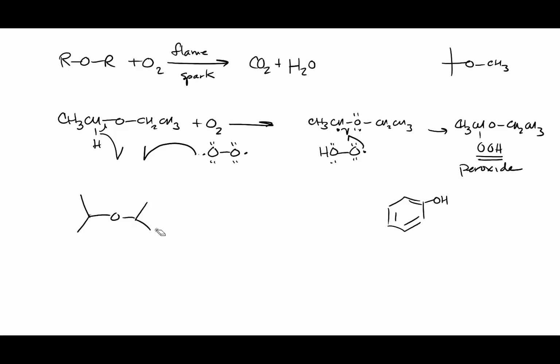So there's really only two reactions of ethers. Well, there's three, but these are two. Peroxide formation, bad. Combustion, in lab, bad as well. So ethers, for the most part, don't react, but when they do, they form, in this case, really bad things.